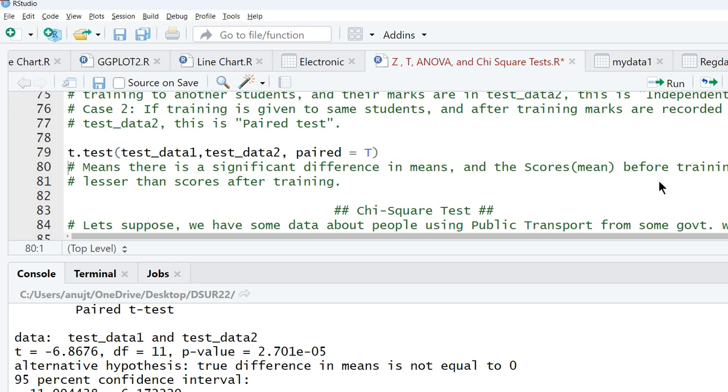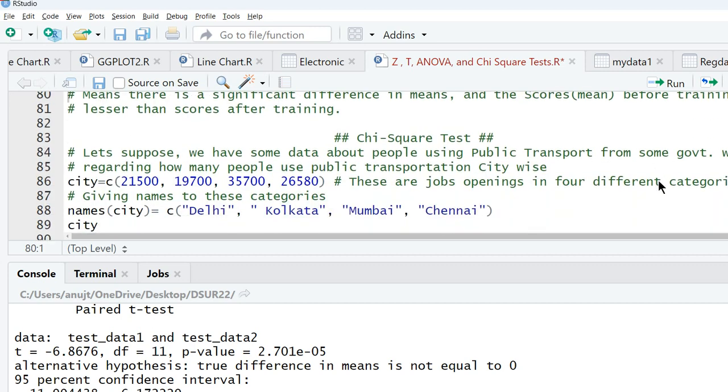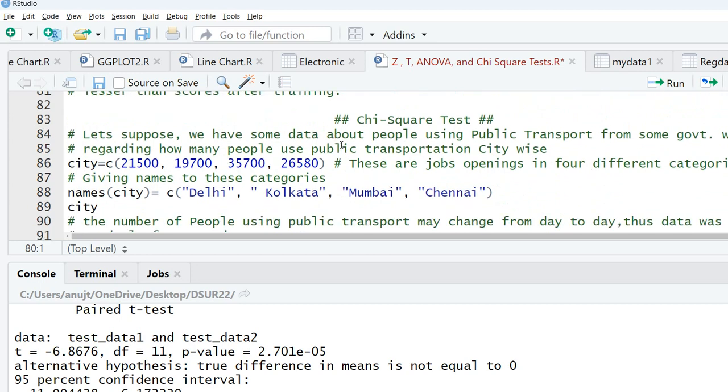Okay, now the chi-square test. So I have taken an example. Let us suppose we have some data about people using public transport from some government website. I'm just assuming, regarding how many people use public transportation city-wise.